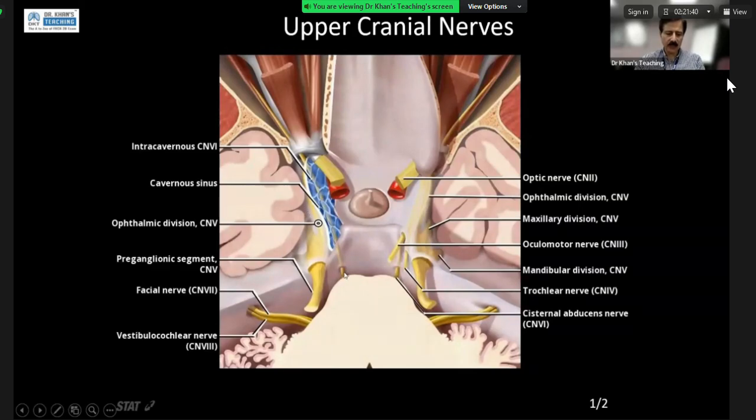Look at the sixth nerve, because it will go into the sphenoid bone here, then into the cavernous sinus, and then into the superior orbital fissure.